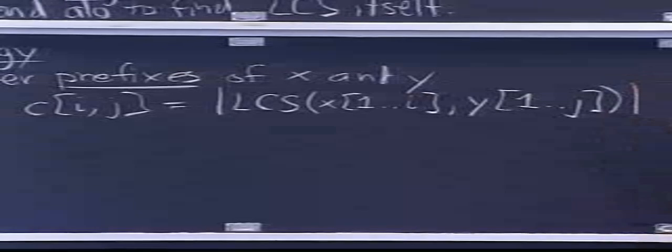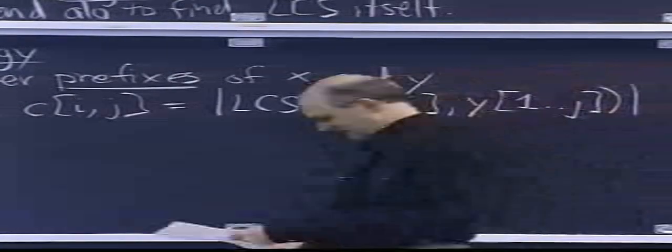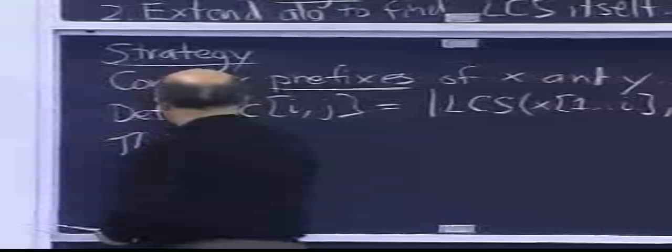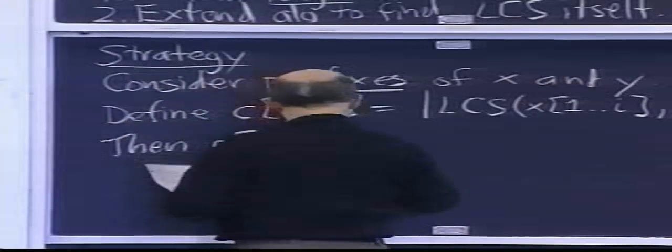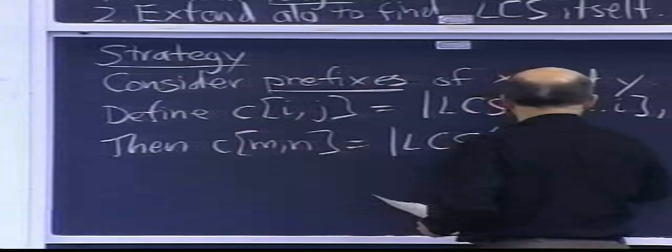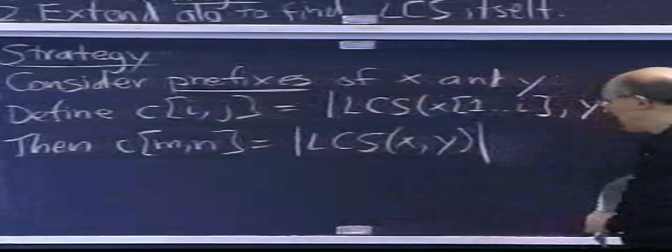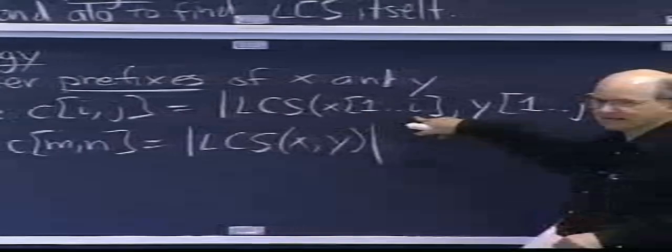Yeah, C of m n. C of m n is just the length of the longest common sequence of x and y, by definition, because once we have x from 1 to m, that's just x.